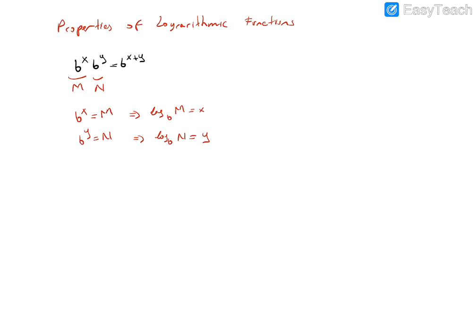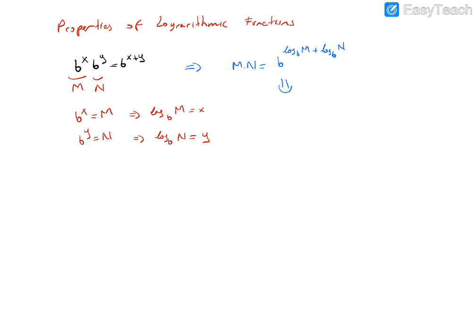So from the first equation, we obtain M times N equals b to the power of logarithm base b of M plus logarithm base b of N. So by the properties of the logarithmic function again, we can say that logarithm base b of M times N equals this summation.